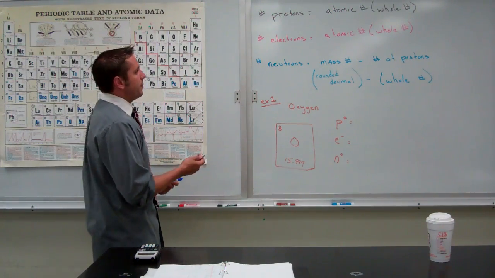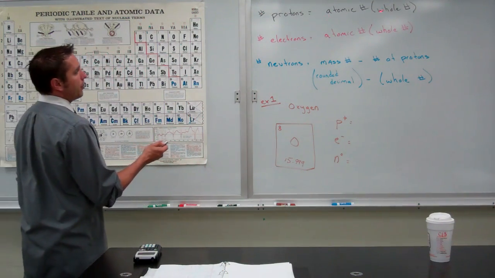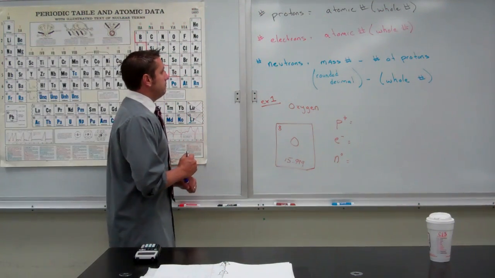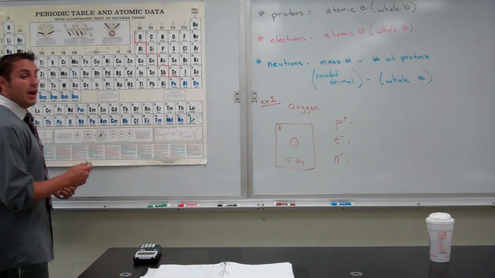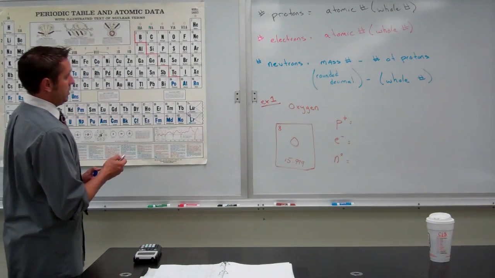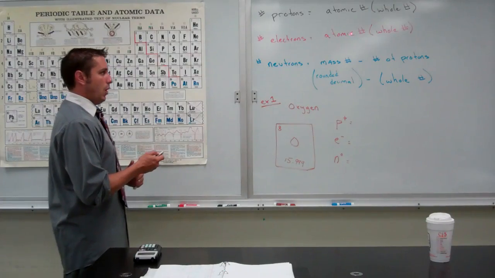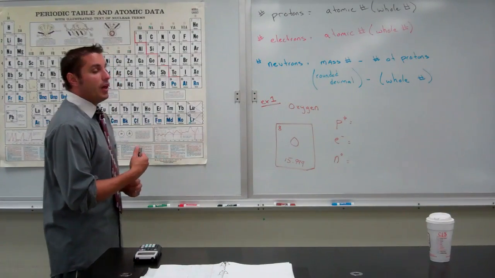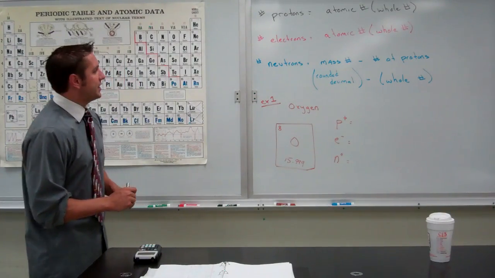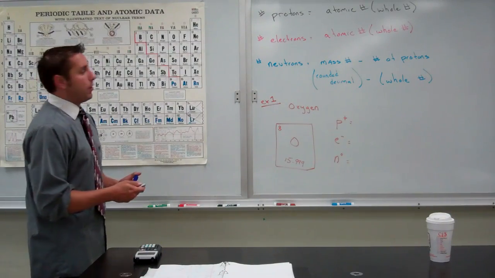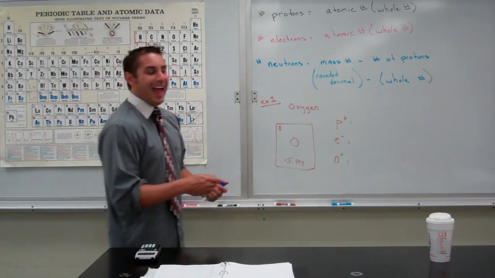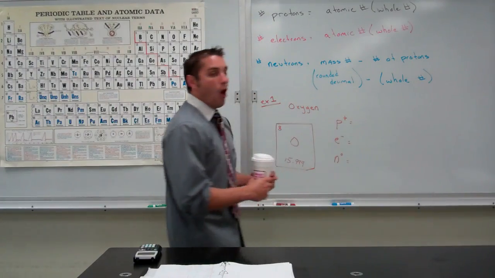And if you remember from the last board, the atomic number is the whole number. The number of electrons is equal to, again, the atomic number, the whole number on the periodic table. So that means that the protons and electrons in an atom of an element are always equal.